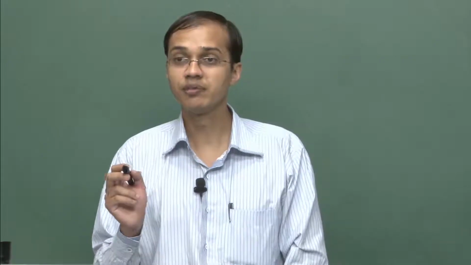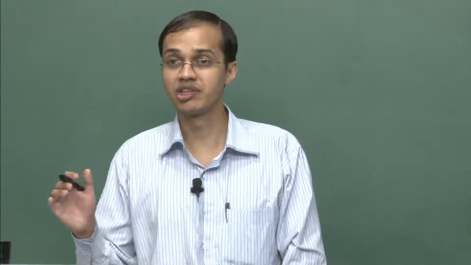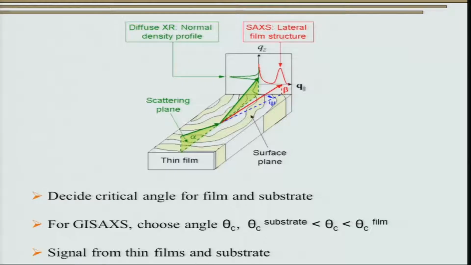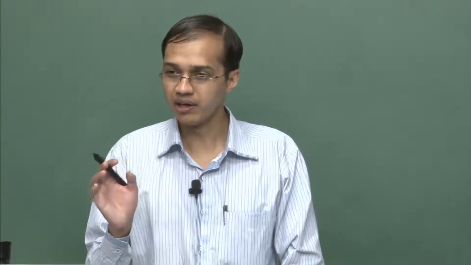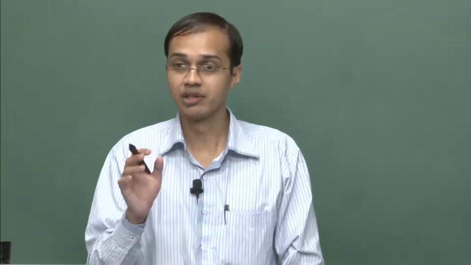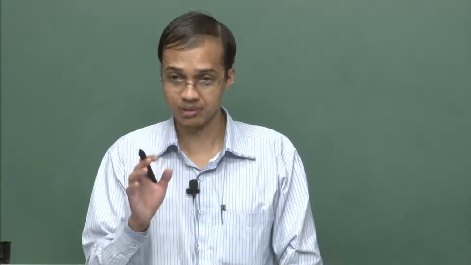Therefore, I have to choose an angle for my thin film or nanoparticle on a substrate assembly such that the angle lies in between the theta critical of the substrate and that of the film. So that most of my signal is coming from the thin film, and I get some signal from the substrate, but there is no refraction occurring in the substrate.